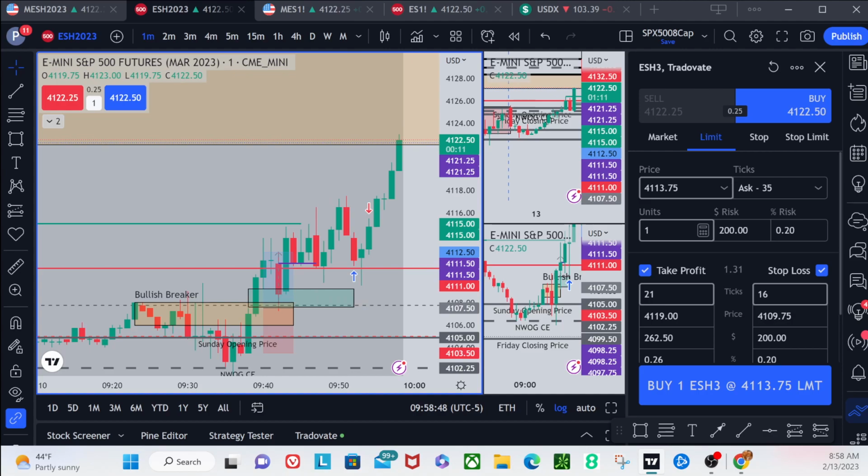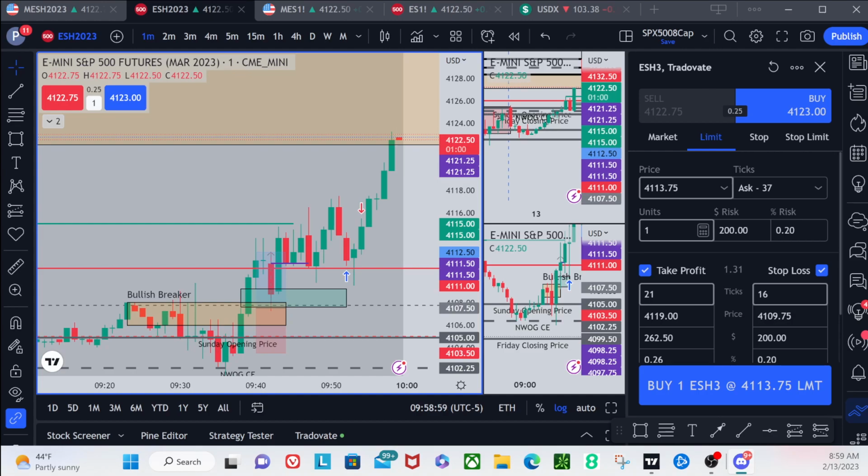So we're going to drop in that 15-minute fair value gap, and you want to get your level in the middle, which is consequent encroachment. So 41.28 even. Have that annotated on your chart as well.